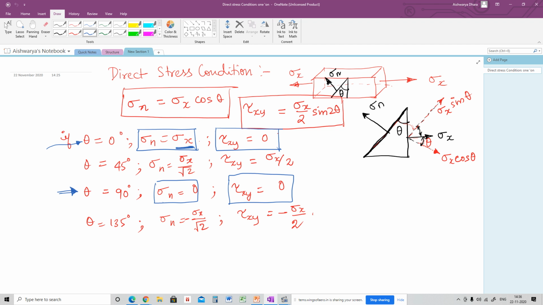No, 90. 0, 180 and also 90, right? We are also getting 90 degree where the stress is 0. 0, 180, 90, 360.